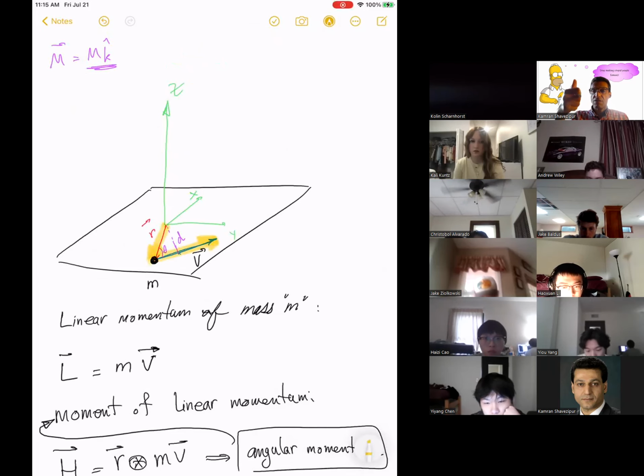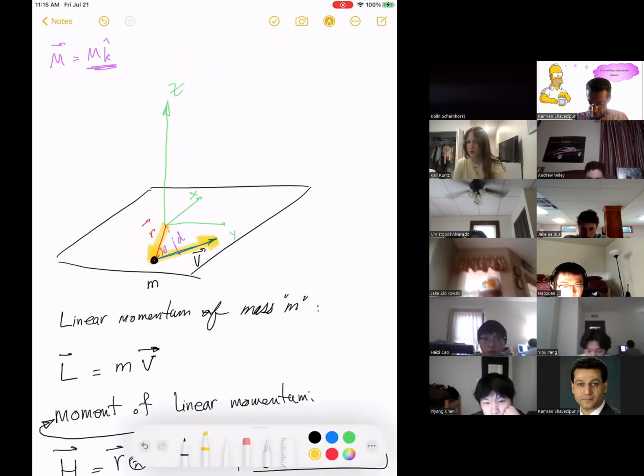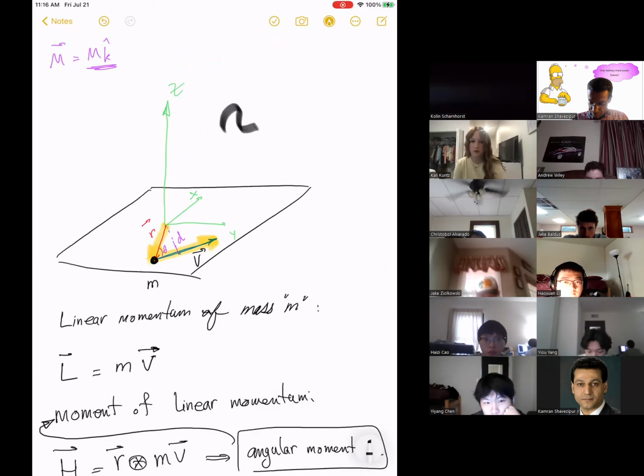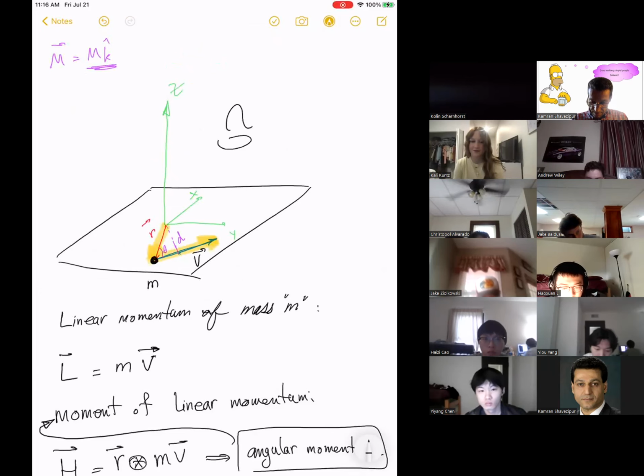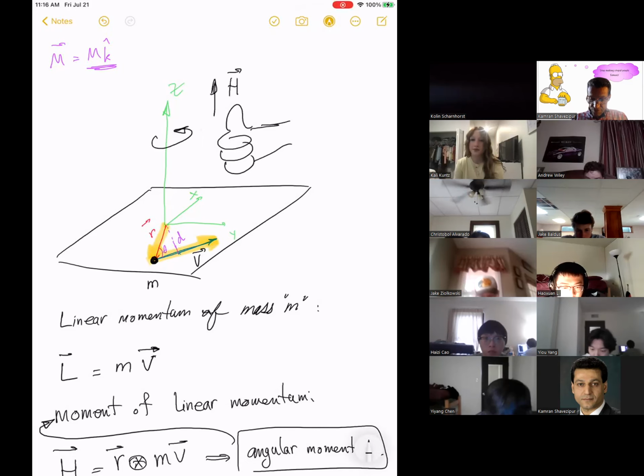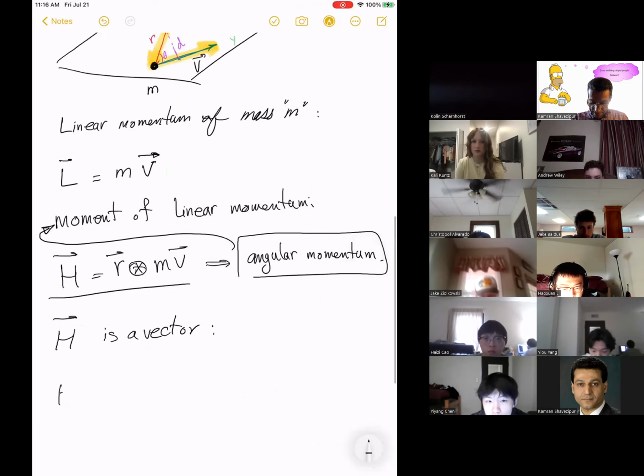Their cross product using the right-hand rule, again, let's go to the Mickey Mouse right hand. If this is the direction of angular momentum, the vector H is in this direction, which in plane motion is always in the z direction. And you can simply write H as a vector as H times k.